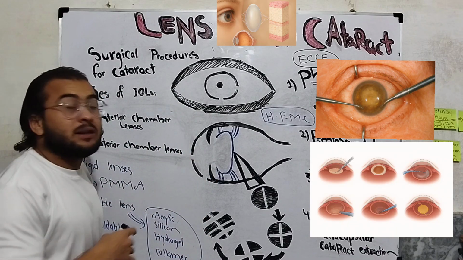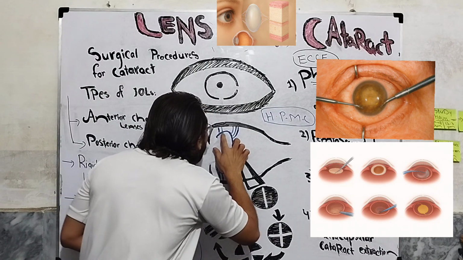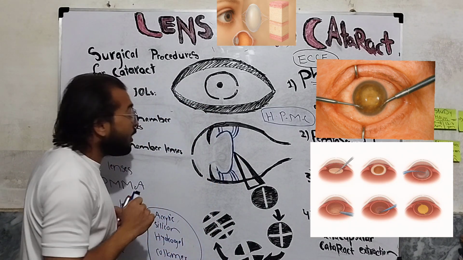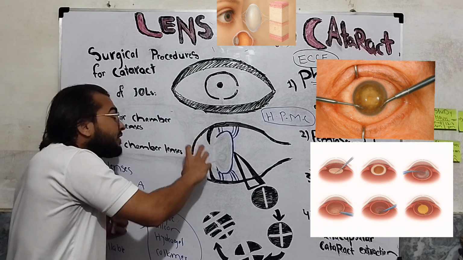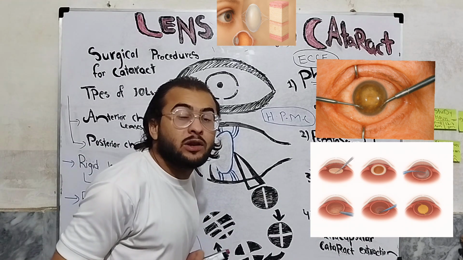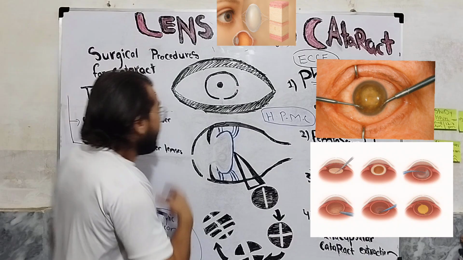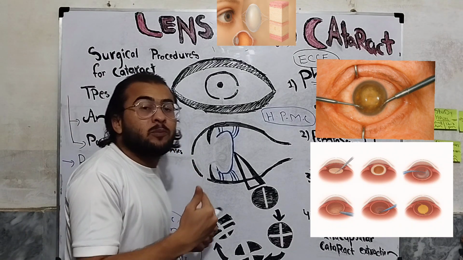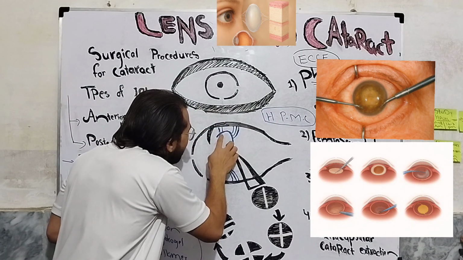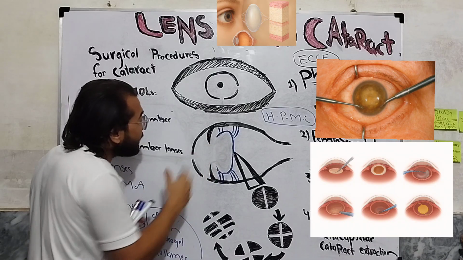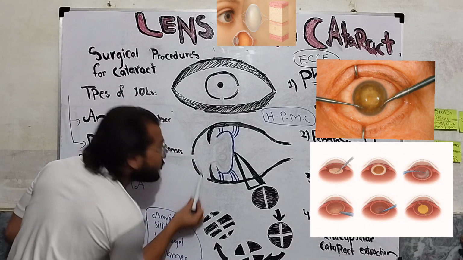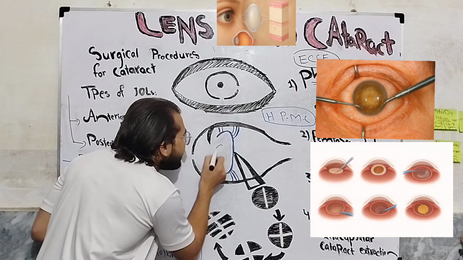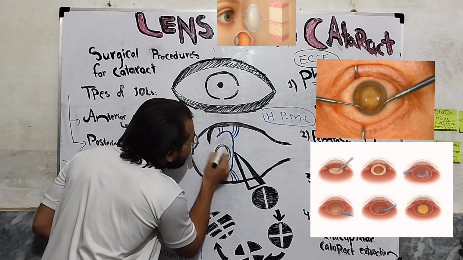Now we have removed the lens parts and the debris. What will we do? We will place an intraocular artificial lens, as in most cases, an intraocular lens is placed during operation. So through a delivery system, we will inject an intraocular artificial lens.